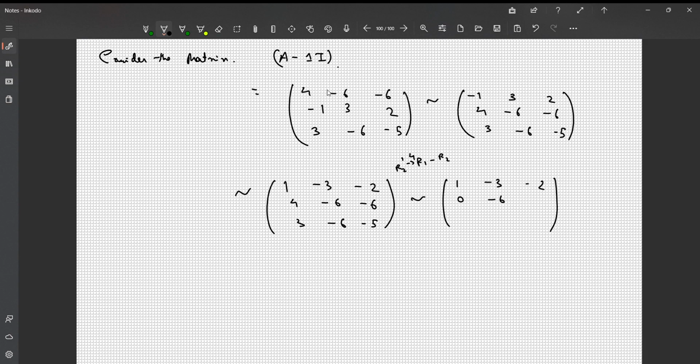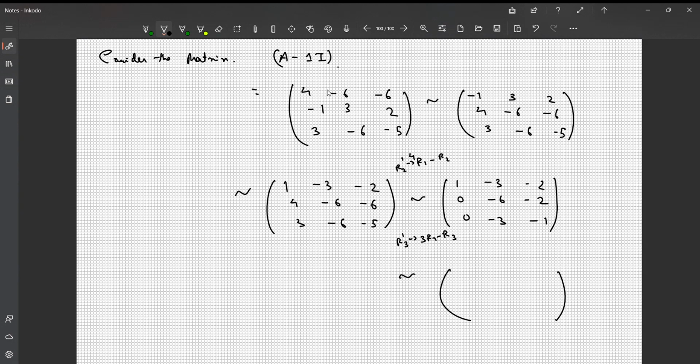And 4 times -2 gives you -8, so this becomes -2. For one more action, r3' is 3 times r1 minus r3. So we have 0 here. 3 times -3 is -9, plus 6, and -6 plus 5 gives you -1.